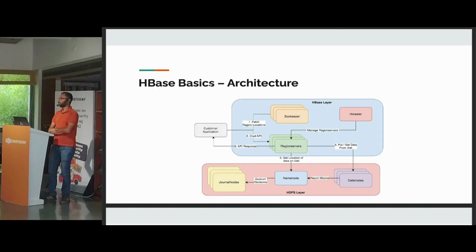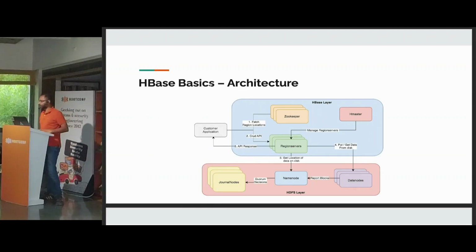Okay, let's get started with the architecture of HBase. If you look at the screen, there are two layers in HBase. HBase has a lot of components compared to many other advanced databases. There's an HBase layer and an HDFS layer. In the HBase layer, there are two components which clients interact with.